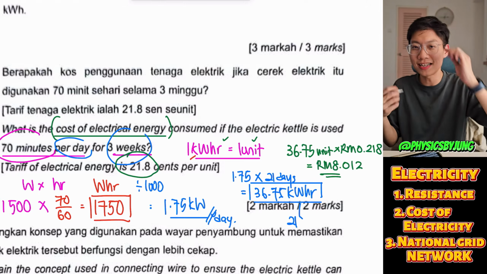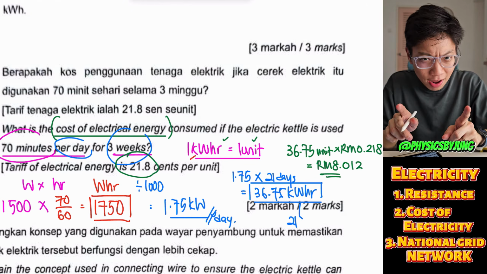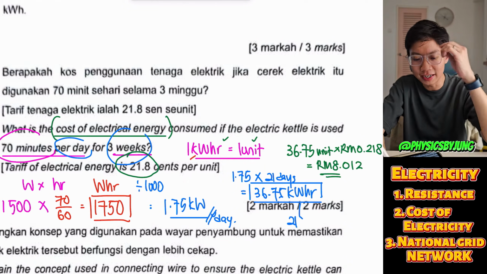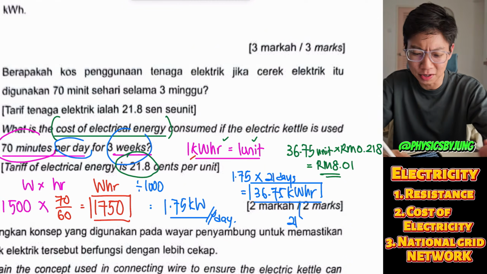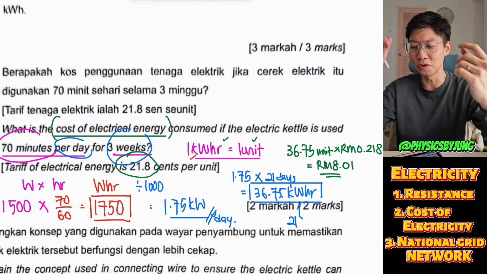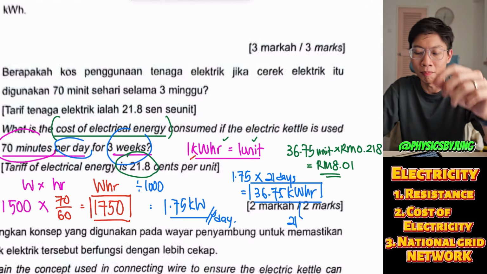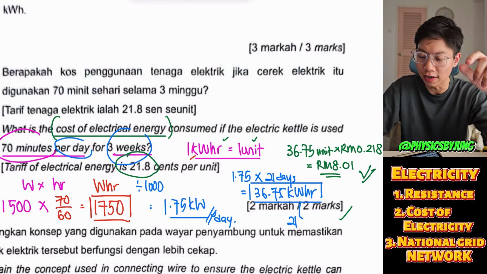Okay, so as calculation, we will usually leave in terms of 3 decimal places. However, in this calculation, can I leave 3 decimal places? Cannot, because in ringgit Malaysia where got 3 decimal places? So maximum you can only get is 1 cent. So therefore, please don't write 3 decimal places when it comes to money. So with that, then only you get 2 marks.